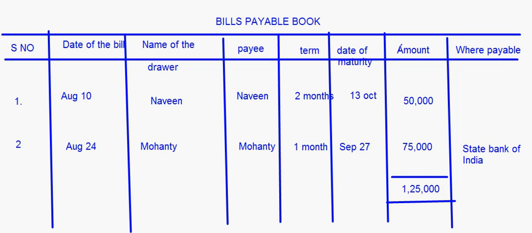Now we have to post this into the ledger. Here in the ledger we will make bills payable account. Bills payable is a liability, so it will have a credit balance.